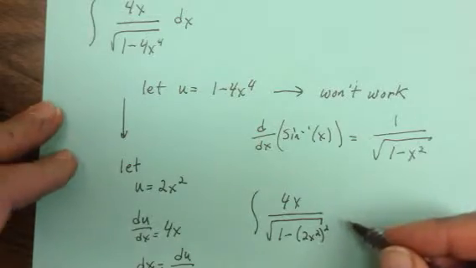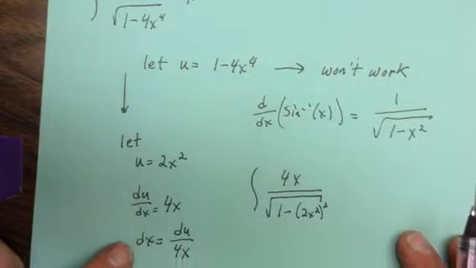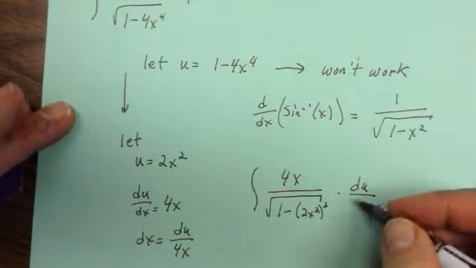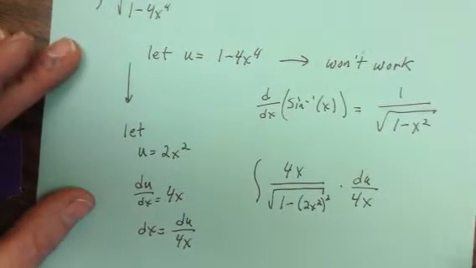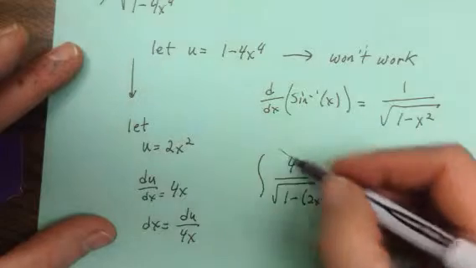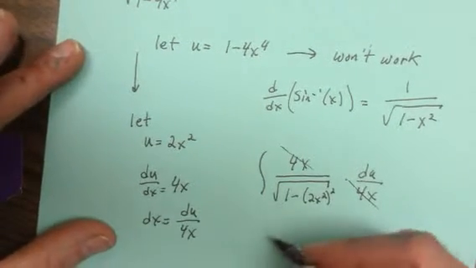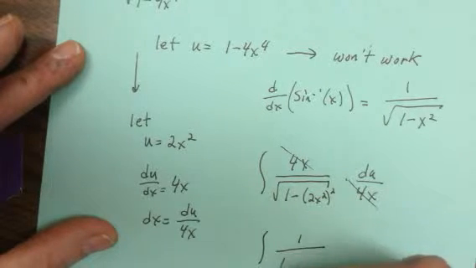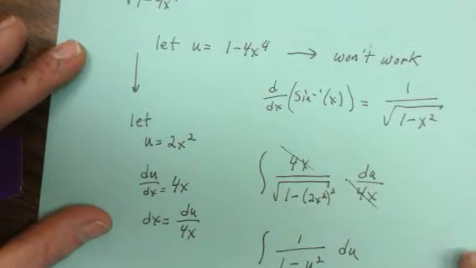And dx, kind of cut off the page here, I'm going to replace this dx with du over 4x. Someone cooked this problem up pretty nice. Those 4x's cancel. Yay for canceling. And we get the antiderivative of 1 over the square root of 1 minus u squared du.